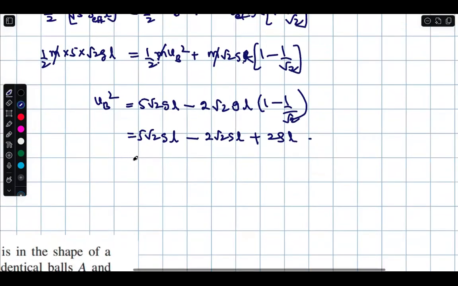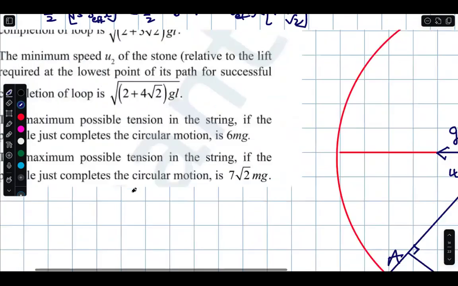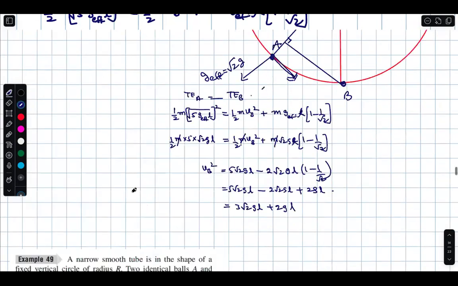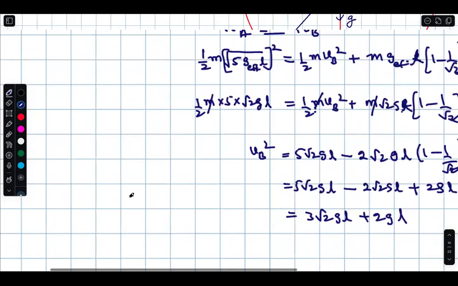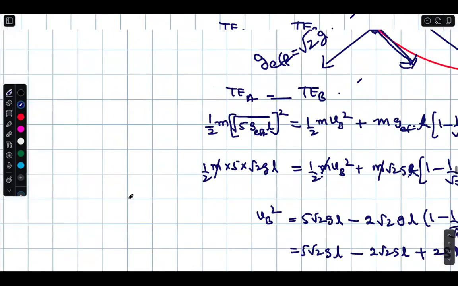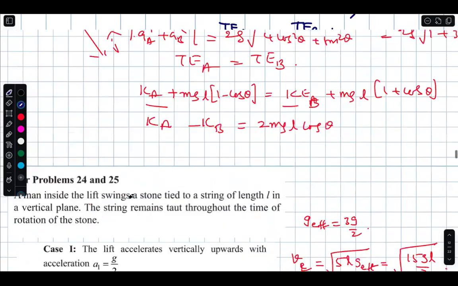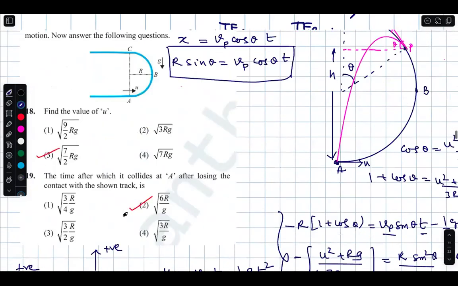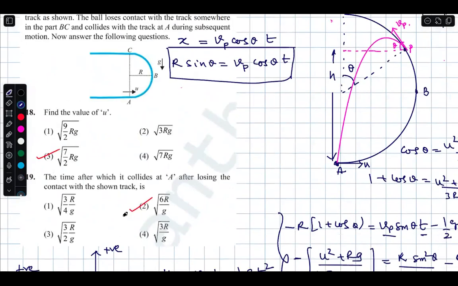Now this will become 3 root 2GL plus 2GL. Any doubt? Let me just see whether I am right or not. Yes, absolutely correct. So this is how we do the questions that can be done smartly, smartly. This question we do, this question we cannot, that's all. It's a difficult question by basic calculation required.